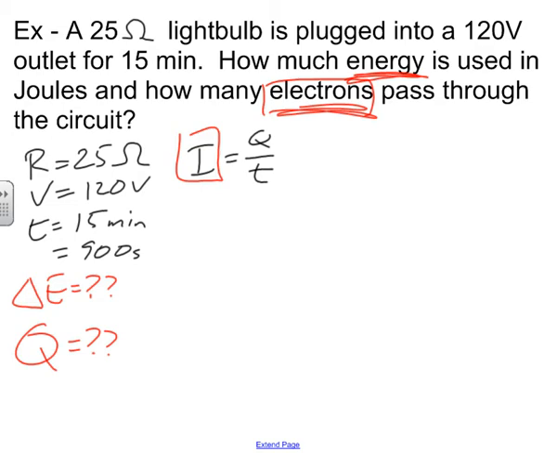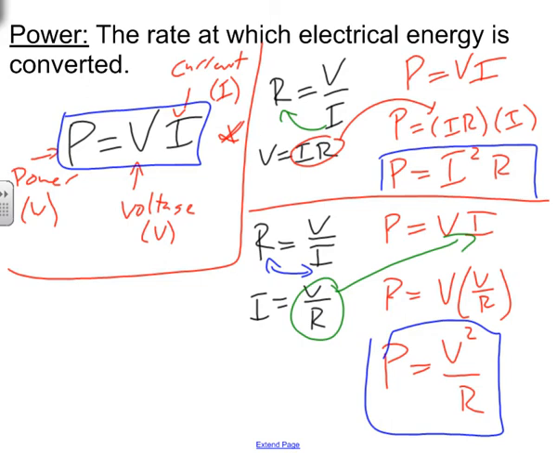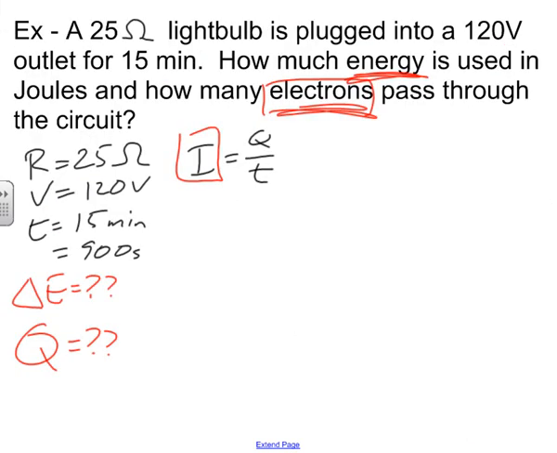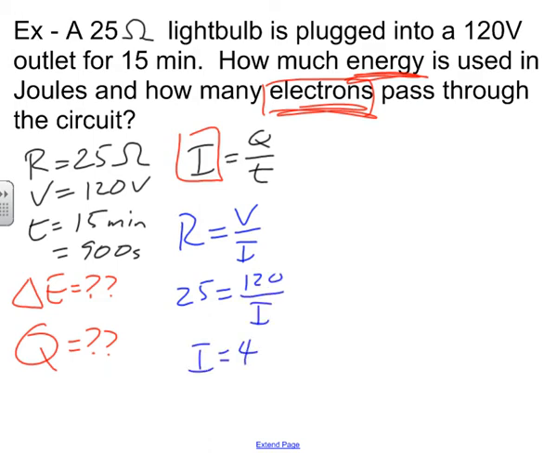Well, let's look back to our previous slide. We've got this formula right here. So let's figure this out. R is equal to V over I. So we plug in our values. 25 ohms is equal to 120 over I. Eventually, current is equal to 4.8 amps.